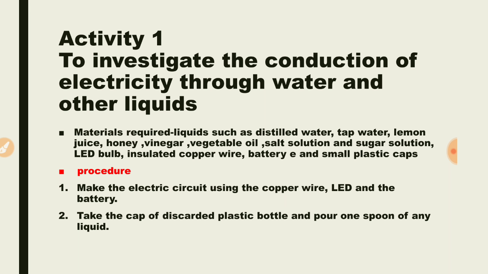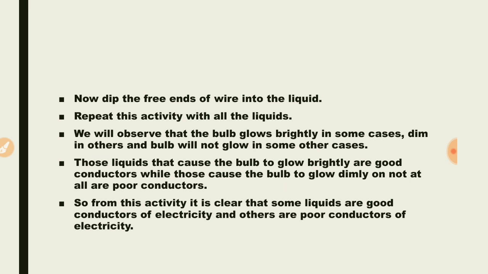To do this activity, first of all, we have to make an electric circuit by using copper wire, LED, and battery. You have already studied this in lower class. Now take the cap of a discarded plastic bottle and pour 1 spoon of any liquid.